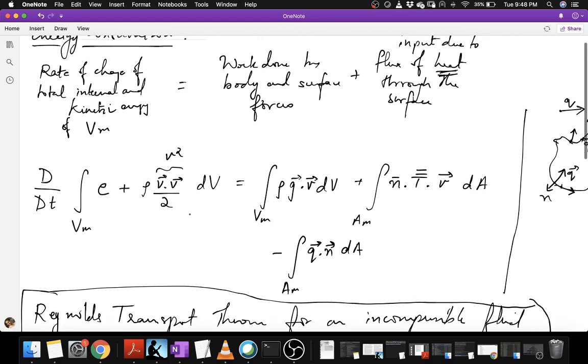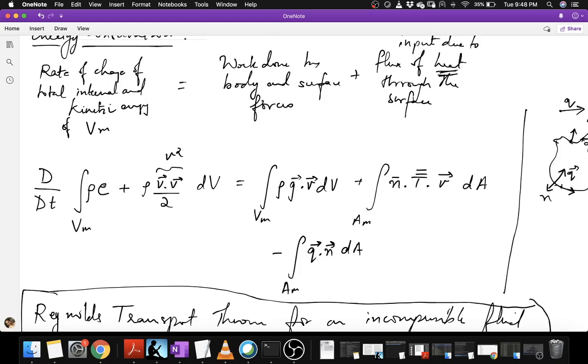Oh, I believe I missed something. Yeah, so sorry, I made a bit of a blooper here. So I initially said that E is the internal energy per unit volume, so then I need to add a mass term here. If E was the internal energy per unit mass, I did not need the density.